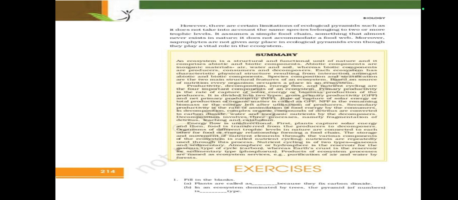Atmosphere and hydrosphere are the reservoir for the gaseous type of cycle, for example carbon, whereas Earth's crust is the reservoir for the sedimentary type, for example phosphorus. Products of ecosystem processes are named ecosystem services. Example: purification of air and water by forest.